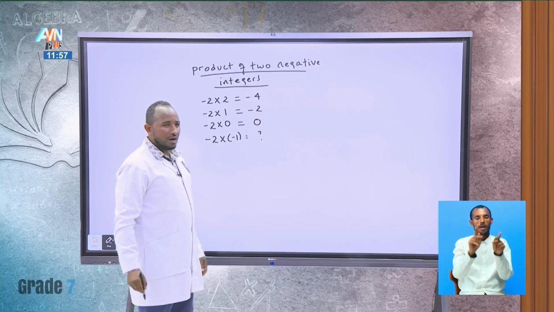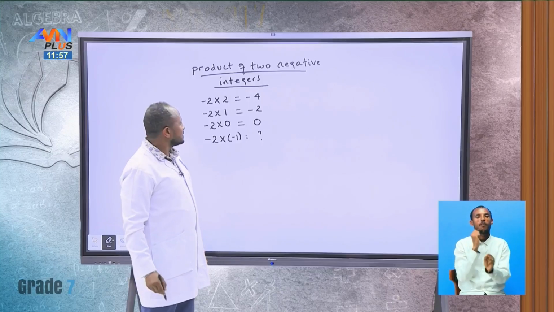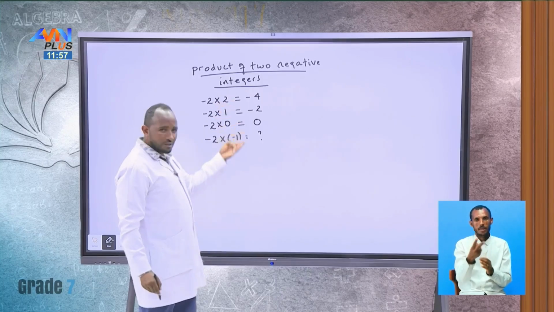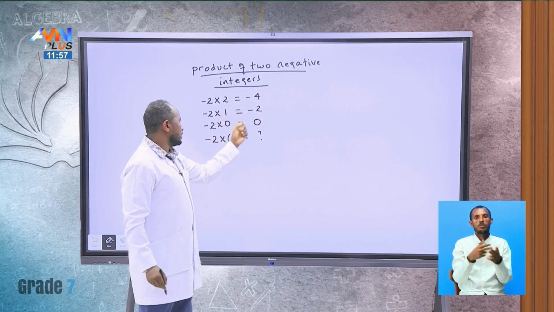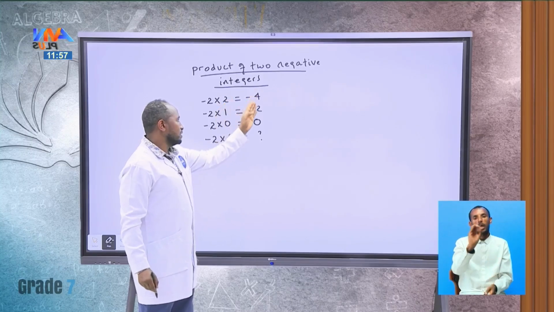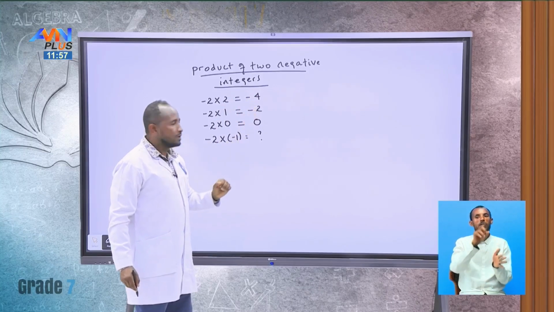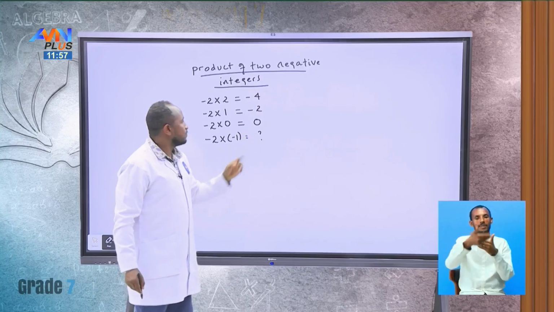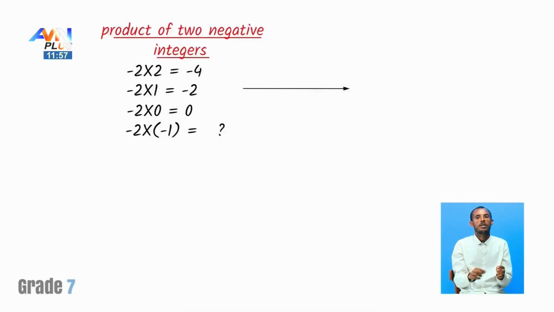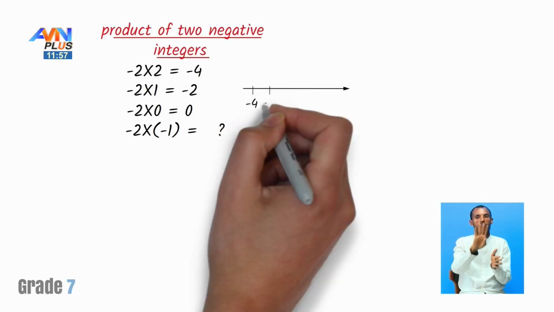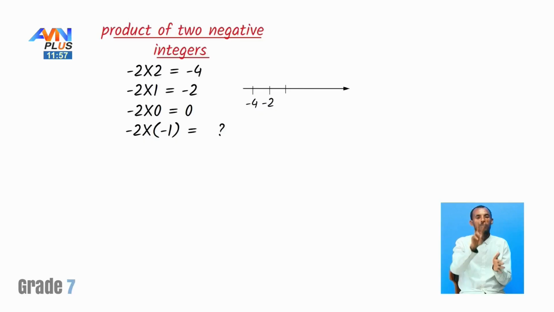Okay, now let's see the pattern here. Look, when you multiply by 2, by 1, by 0, you have these results: minus 4, minus 2, minus 0. What will be the next number following the pattern? Let's see this pattern on the number line. Look here, assume there is -4 here, -2, and 0.